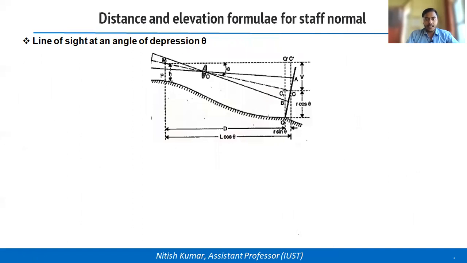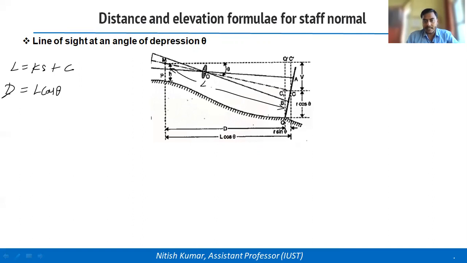Now, this is the case of depression with angle theta. In this case also we can calculate; suppose the distance is L. So L we can write Ks plus C, or D we can write L cos theta.